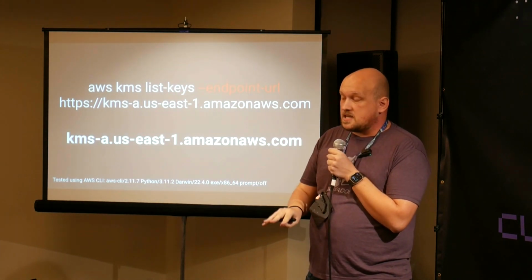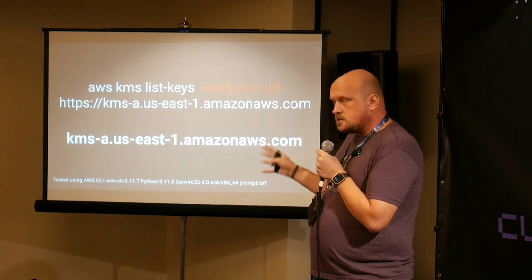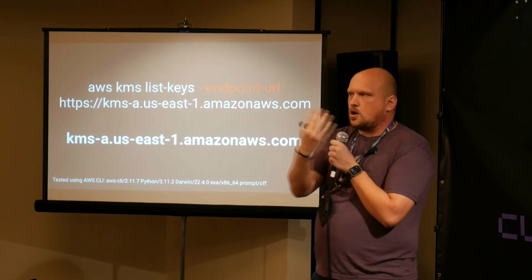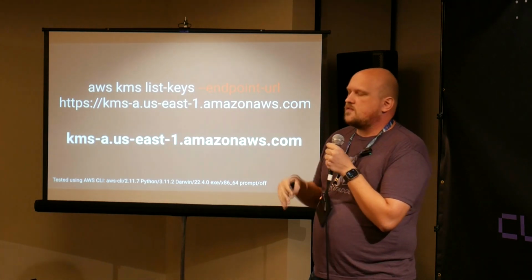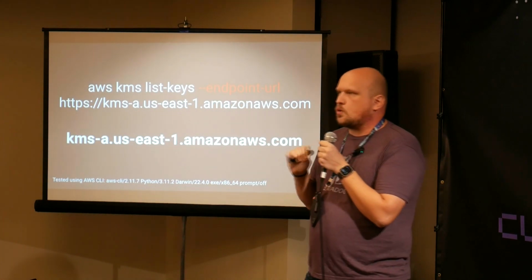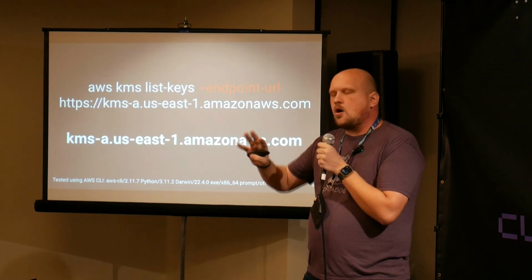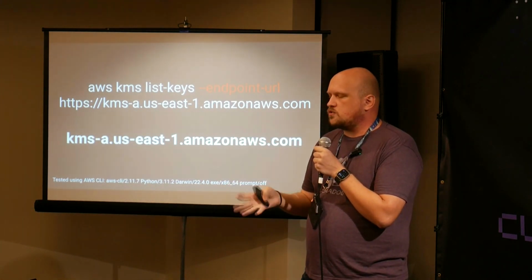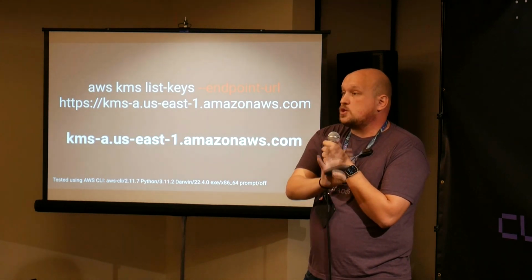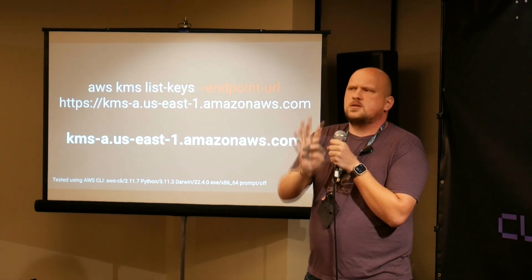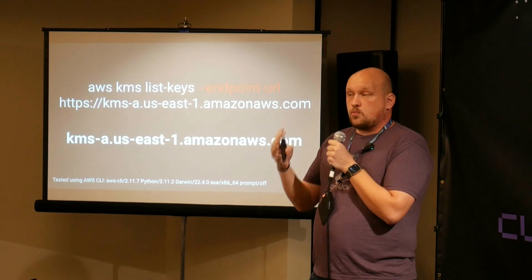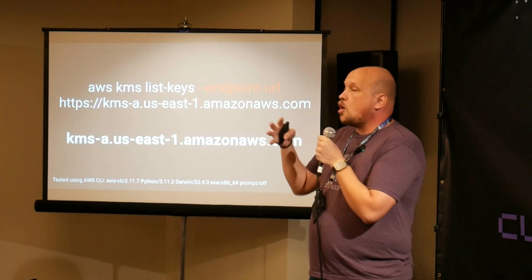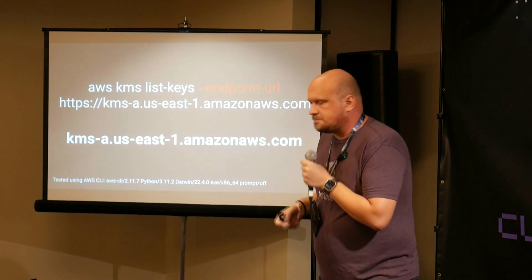What I mean by that is, if you were to use that endpoint to list keys, you would see all the keys you would expect. If you were to modify, delete, or create something via that endpoint, all of those changes or what you created would also show up in the normal production endpoint. It'd show up in the console, and everything would work fairly normally. Additionally, all of it gets logged to CloudTrail.